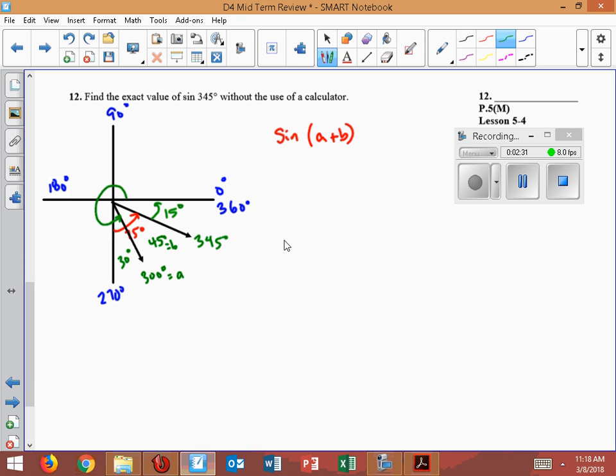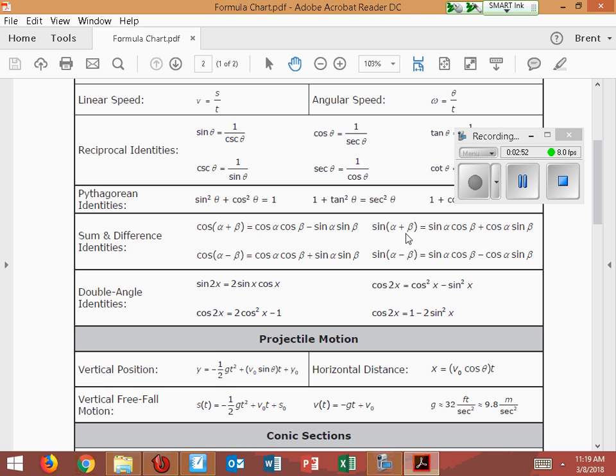So sine of 345 degrees is going to equal sine of 300 degrees plus 45 degrees. Now, according to our formula, over here, we have addition with sine.